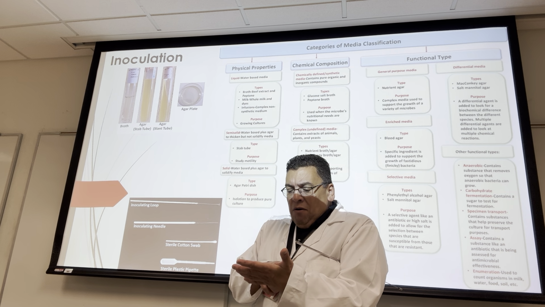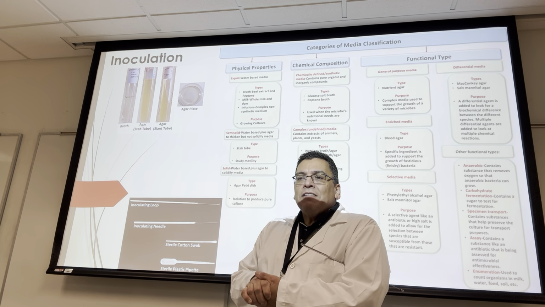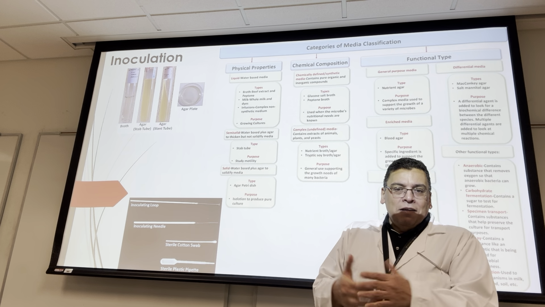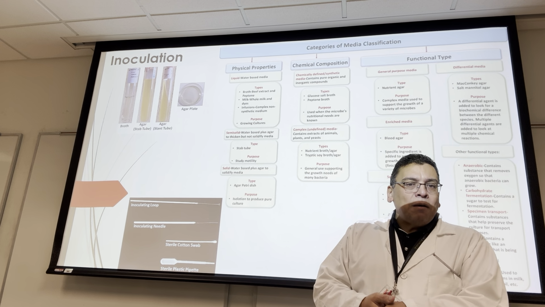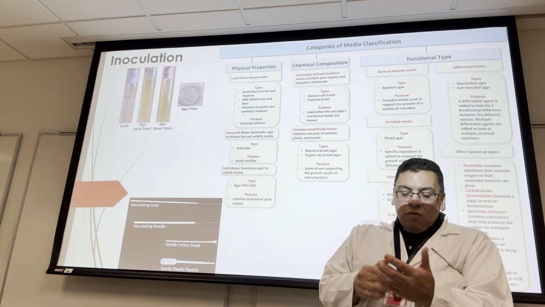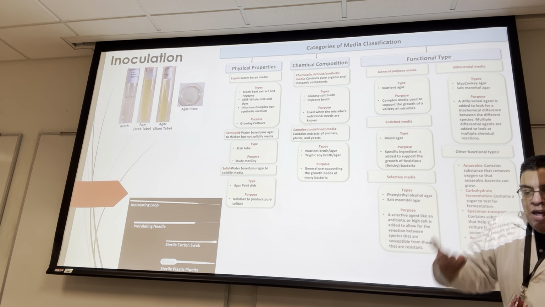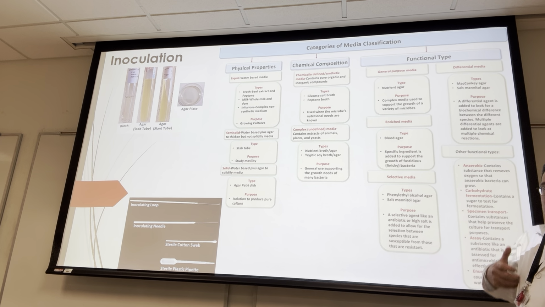No, I need 3%. Your average bacteria can grow on 1%, not me. I need 3%, for example. The average bacteria doesn't need this growth factor, but I do. So in some cases, the bacteria requires you to add something into the media to enrich the media for them to grow better.